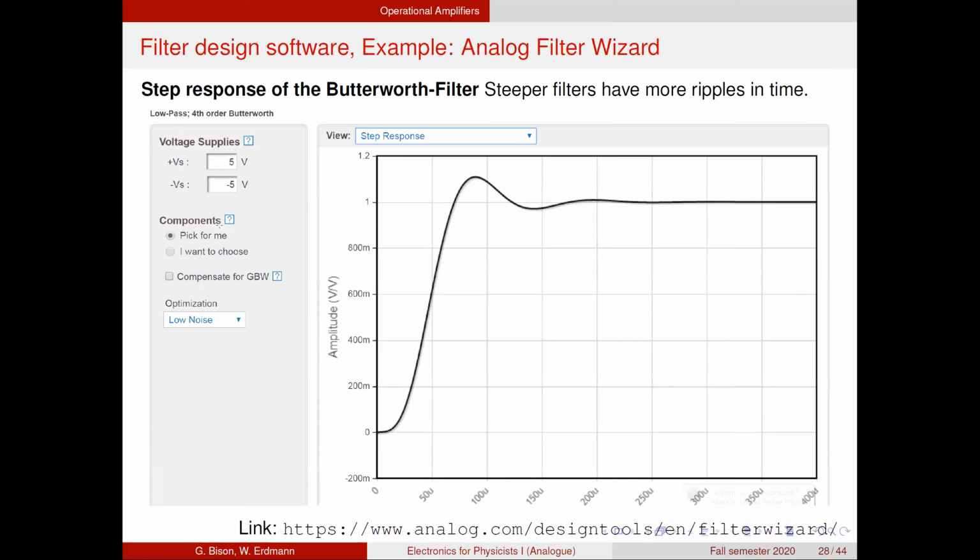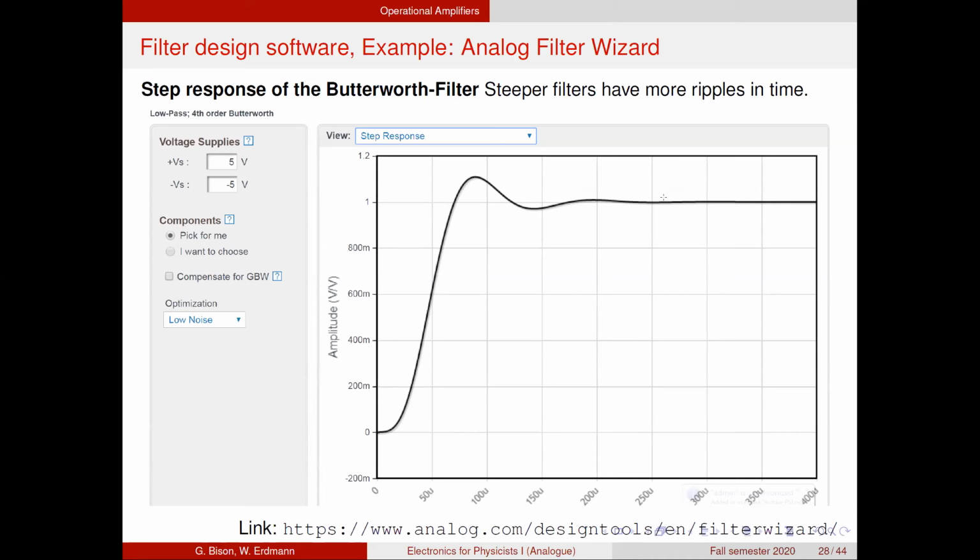If you now have a look at the time response, so this is a time plot of a signal that goes from 0 to 1 at time equals 0. And then, of course, you see that the filter takes some certain response time to react to that. And then it has a certain wiggling. This is also typical for filters.